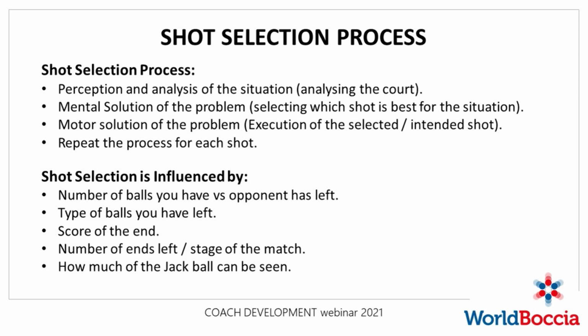The third part to this shot selection process is the motor solution of the problem. So this is actually executing the selected or intended shot. And this includes the visualization of the shot, and then also executing the technical process.